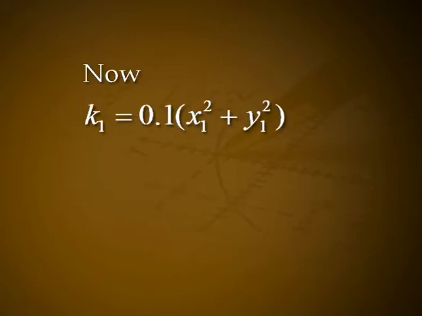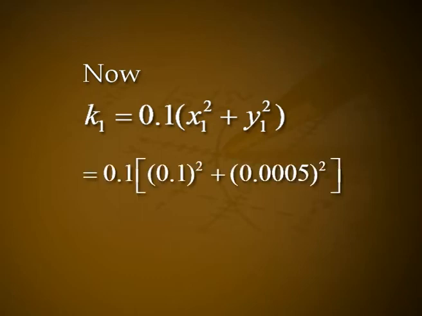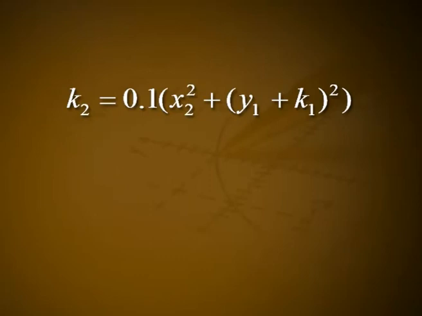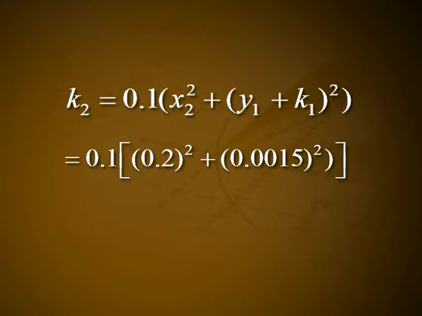0.0005. Now, k1 equal to 0.1 into (x1 square plus y1 square), that is equal to 0.1 into (0.1 square plus 0.0005 square), that is equal to 0.001, correct to 3 places of decimals. k2 equal to 0.1 into (x2 square plus (y1 plus k1) the whole square), that is equal to 0.1 into (0.2 square plus 0.0015 the square), that is 0.004.